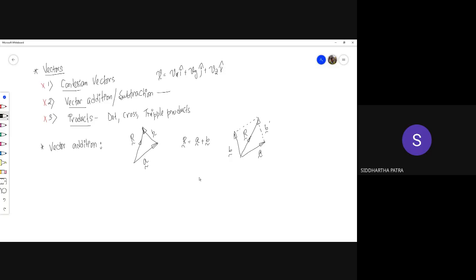And what about if I were to have something else? Let's say C equals A minus B. That is also quite obvious.